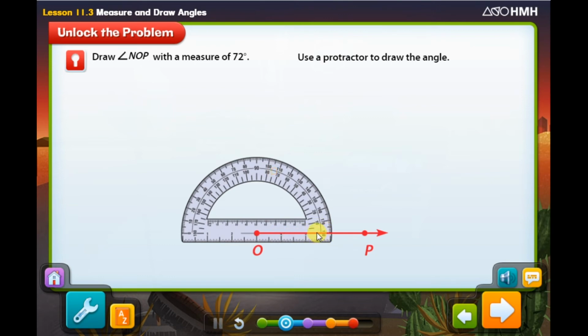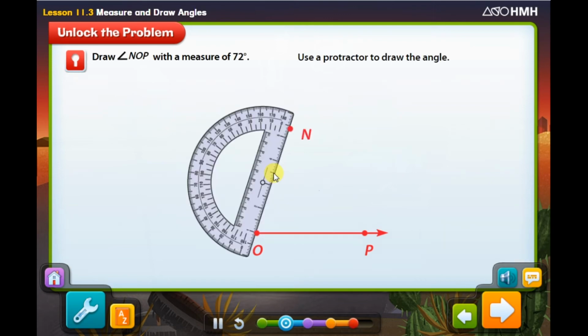Okay, then the 0 is on the inner scale, so you will use only the inner scale until you reach 72. 72 will be here. Just put a mark. Finally, use the straight edge of the protractor to draw ray ON. Then, after you put a mark, use the edge of the protractor to draw a straight line.